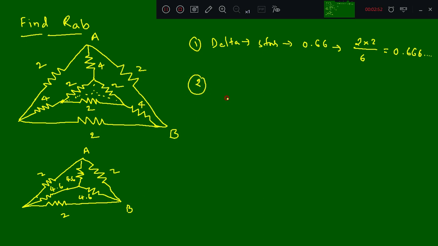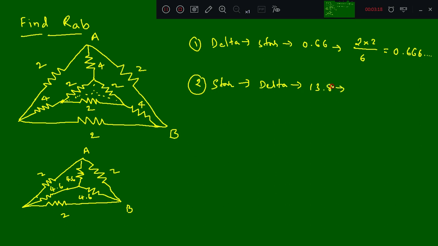The second reduction is: we have the star fashion, and I will reduce it again to delta. So again star to delta. This value you will get as some 13.8.